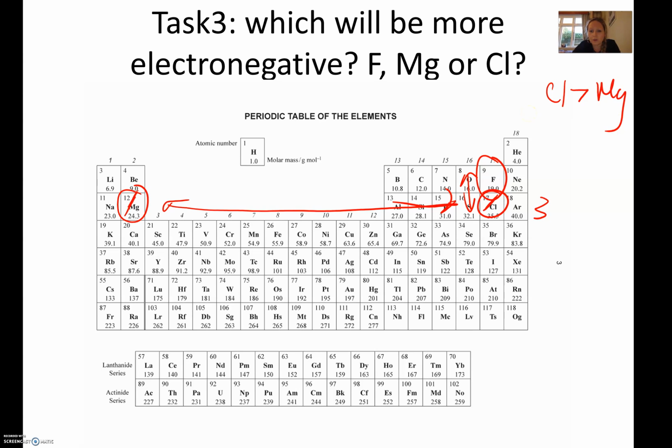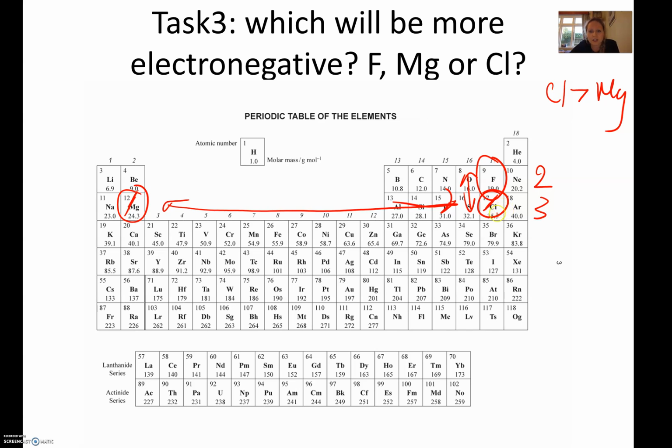So now we can go on and talk about which out of fluorine and chlorine will have the greater electronegativity. Fluorine and chlorine are both in group 17. Chlorine is in period 3 and fluorine is in period 2, or better, you could say chlorine has 3 energy levels and fluorine has 2 energy levels. Chlorine's bonded electrons are further away from the nucleus with more shielding by inner shell electrons.